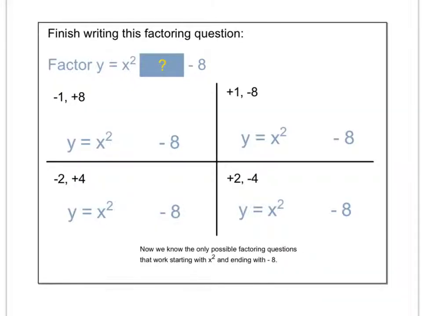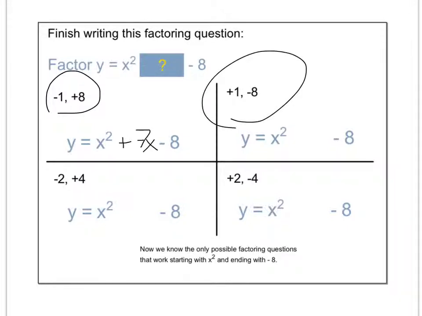So here we've got a few possibilities. When we take these two factors, negative 1 and 8, we add them together to get that middle term. So this example is going to be positive 7x. If you go over to positive 1 and negative 8, when you add those two numbers together, 1 plus negative 8, that's minus 7x as your middle term.